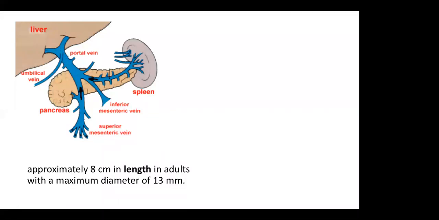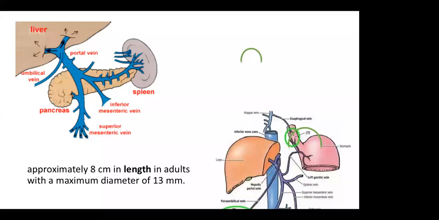The portal vein is approximately 8 to 10 centimeters in length in adults, with a maximum diameter that ranges between 10 to 13 millimeters.